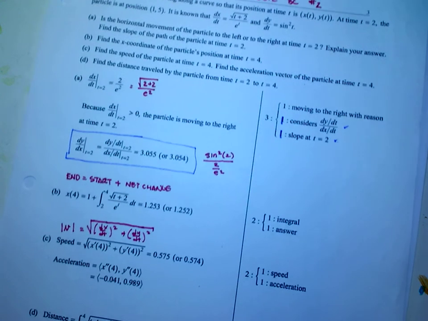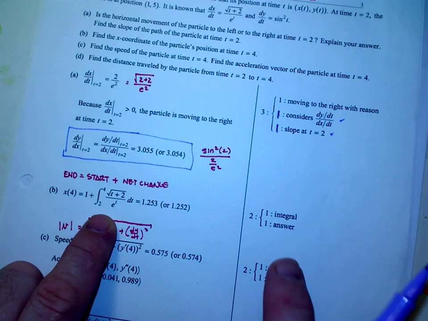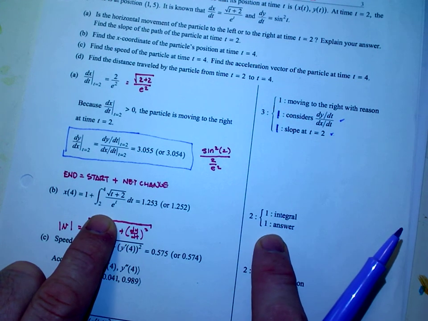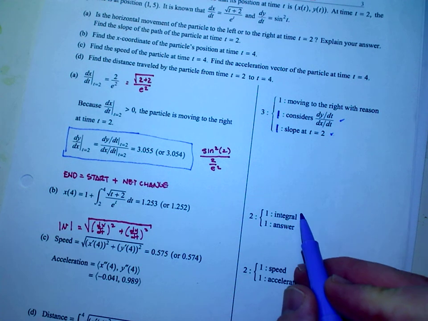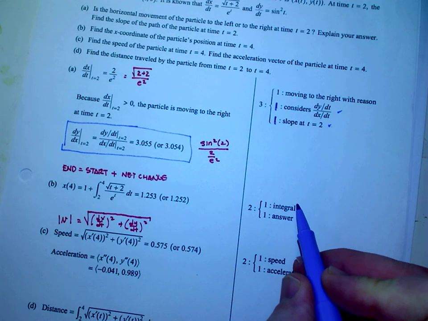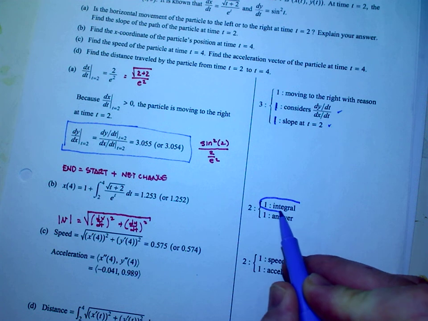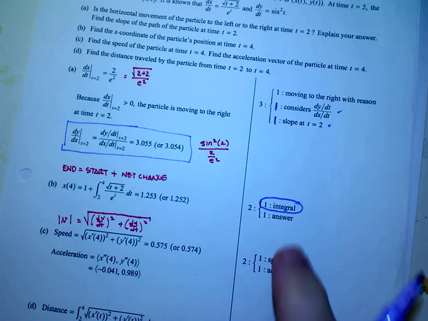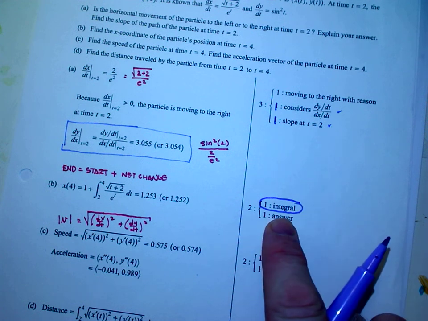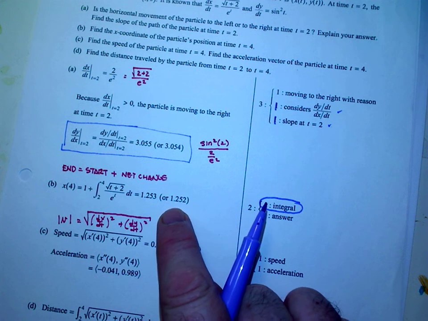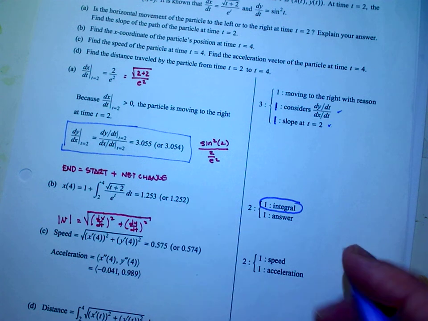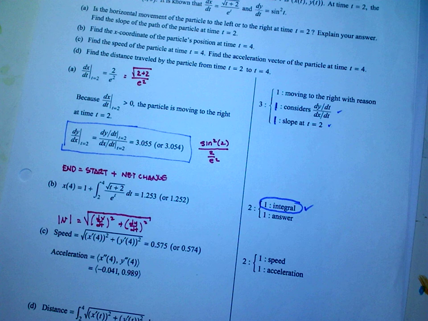The next one, you'll see that this one is also a 2-point problem. One for writing the integral. So just a word to those 4 guys in the class who choose not to write everything down. You would have only gotten half credit for this just by writing the 1.252. So make sure again you're showing the grader what in the world you're doing.